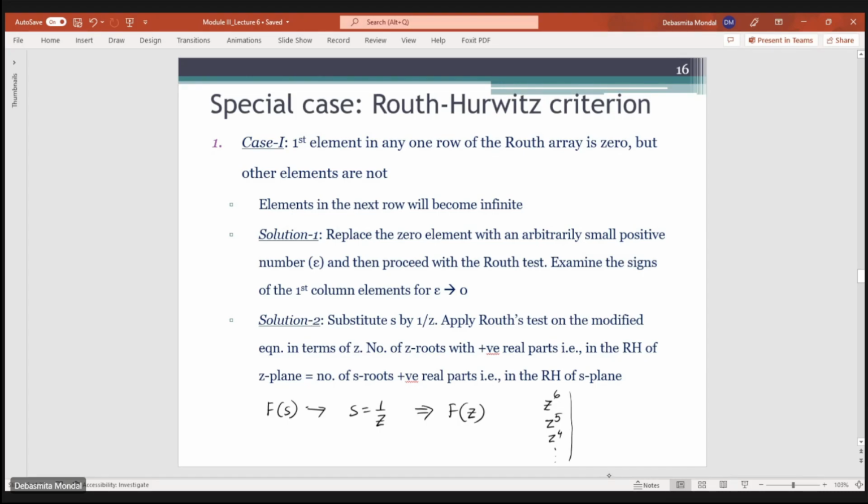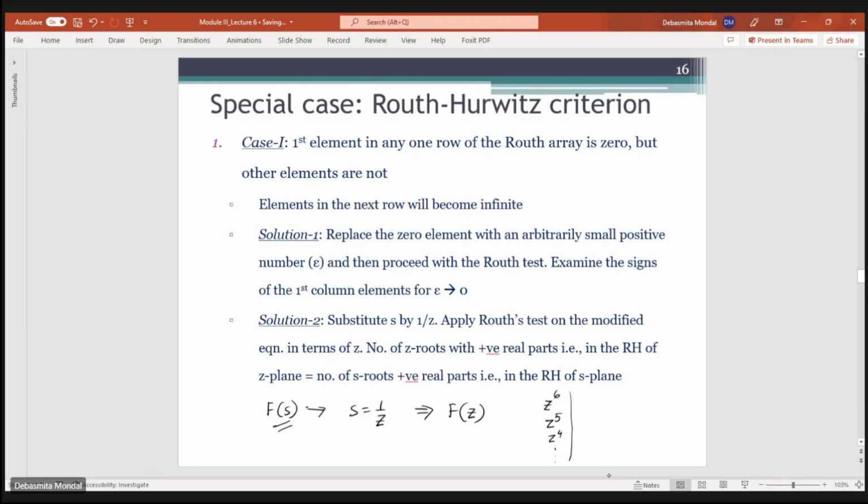Since you have just substituted s equals 1 by z, roots of f(z) on the right half of the z-plane are equivalent to roots of f(s) also lying on the right half of the s-plane. Okay, so from there you can find out about the stability of the system.